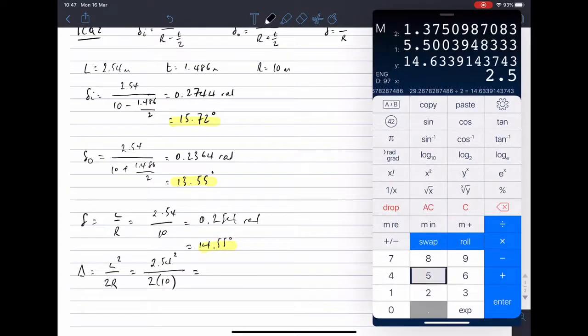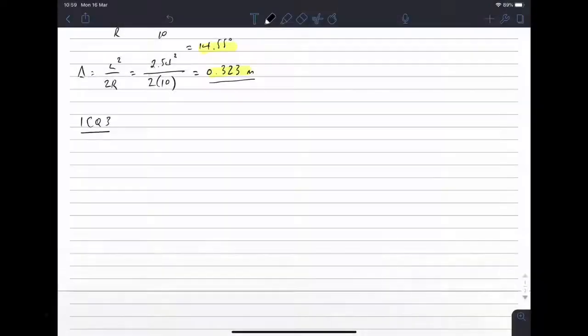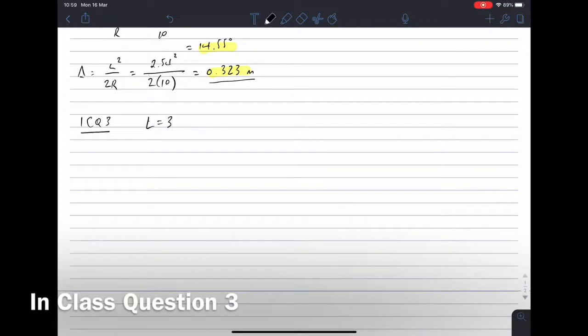So 2.54 squared, 20, 0.323. L in this case is 3.226 meters. The track width is the same, 1.486 meters. And the corner radius is 10.